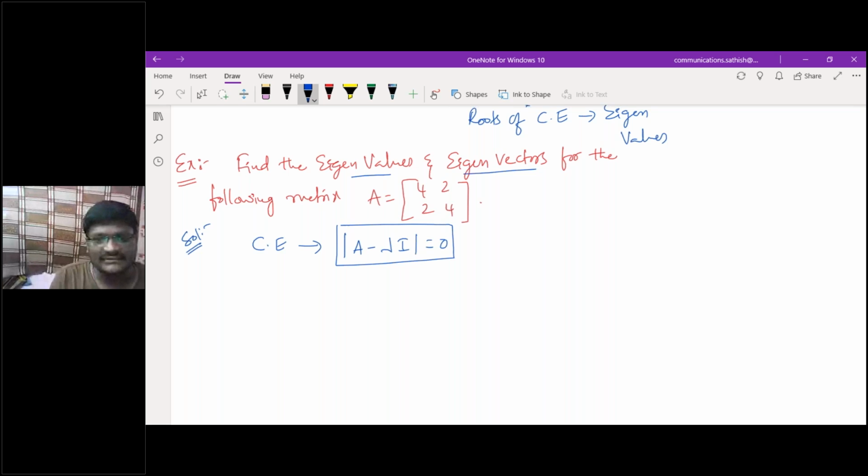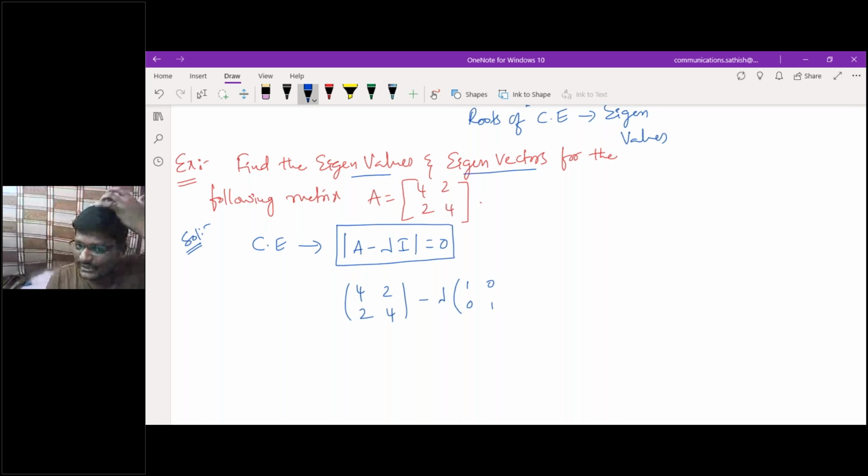A is [4 2; 2 4], minus lambda into the 2 by 2 identity matrix. For this, I need to take the determinant.